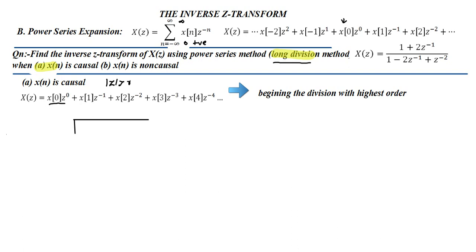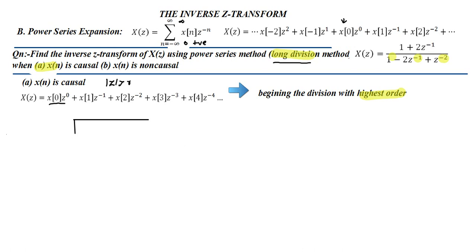When dividing the signal, always remember that the signal contains different powers. When it is a causal signal, we need negative powers, so we need to start with the highest order of z.